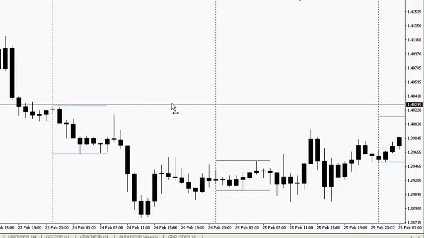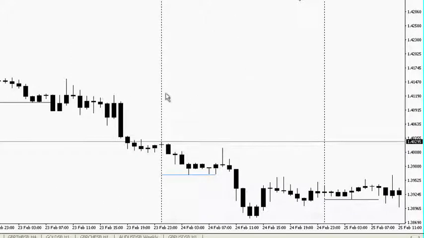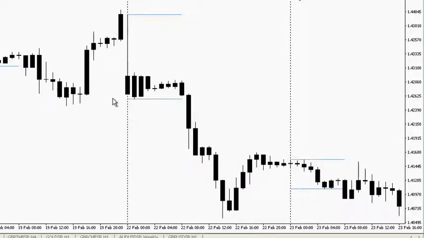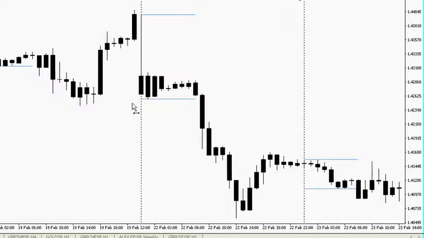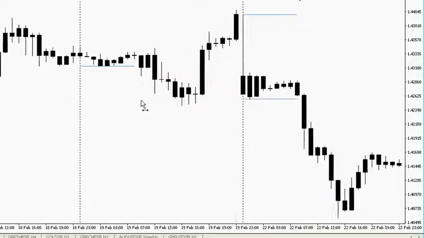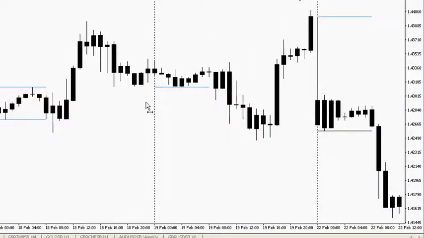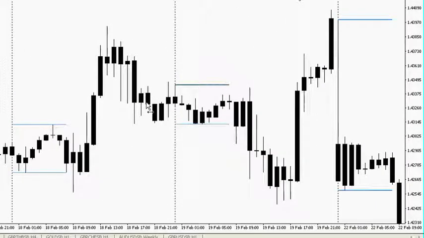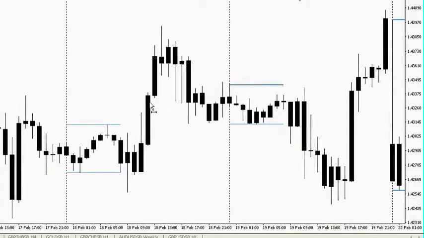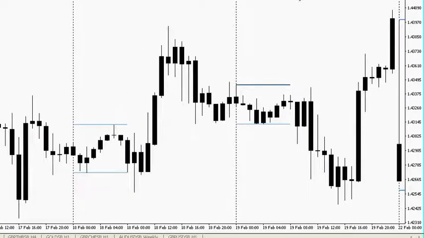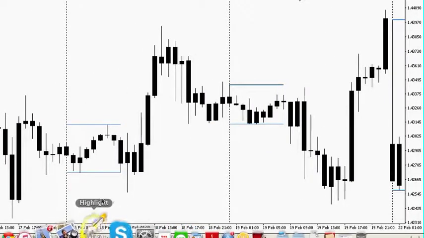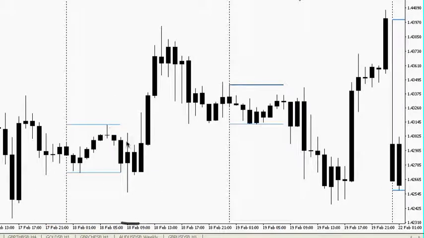Just trying to find a nice example of how that works. Not really a nice example, but just to show you holding all your trades.